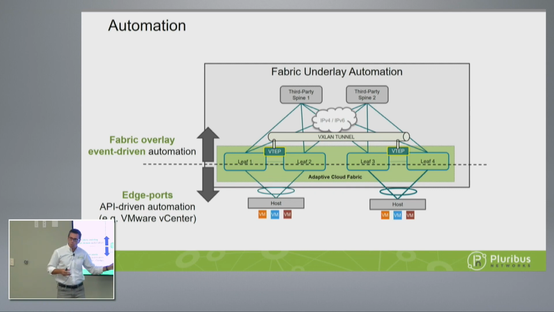So the customer only has to worry about standing up a new VM, a new service, provisioning a front panel port with a VLAN, and then we take care of provisioning the overlay network on top. The underlay, I consider it as a day one operation to stand up your underlay network. But then there's a level of dynamicity, if you will, if you allow me the term, when you provision your workloads and applications. Then you need to have the overlay capable of reacting. It's an event-driven automation on the underlay.